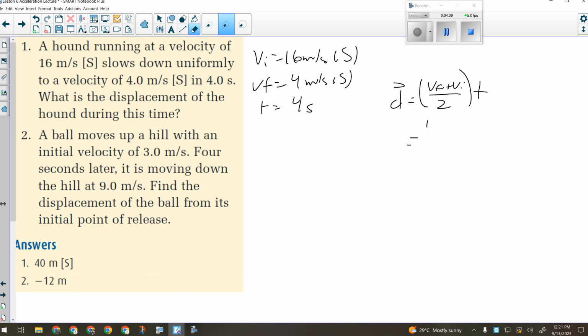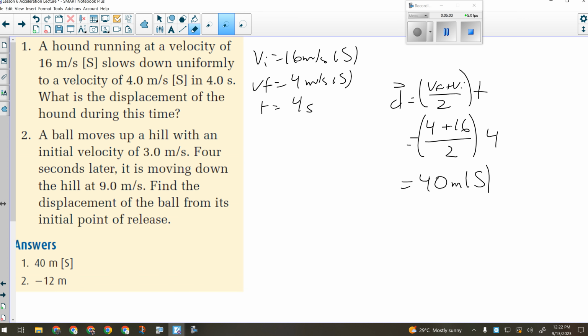That's going to be 4 plus 16 over 2, times 4. So 4 plus 16 is 20, over 2 is 10, times 4 is 40 meters south. Everybody all right with that one?